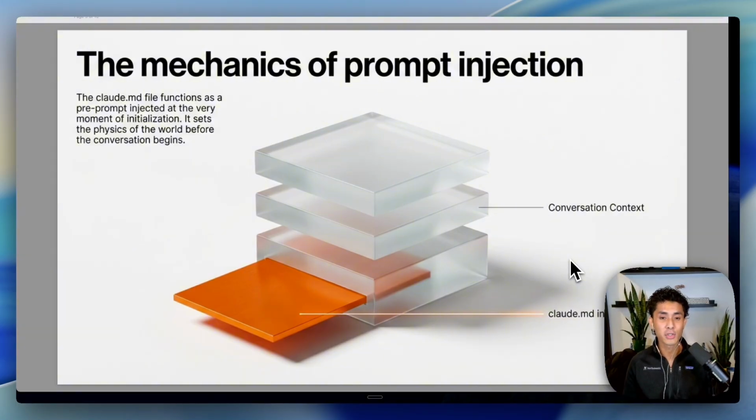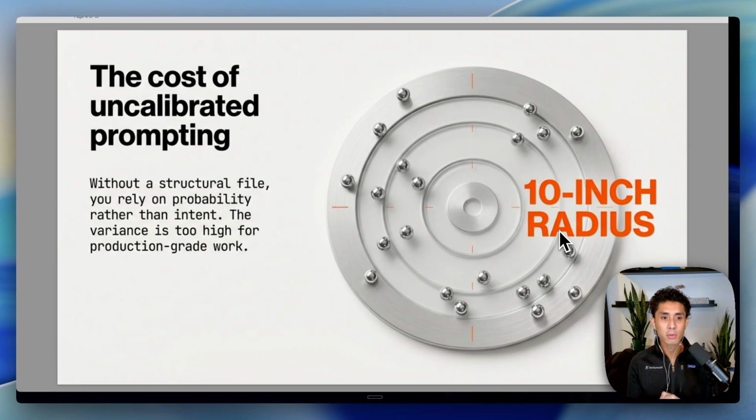And honestly, this is kind of interesting to me. Let's think about what the cost of not using a Claude.md file is. Imagine we have a dartboard, and every time that you threw a dart, you landed anywhere within a 10-inch radius on the board.